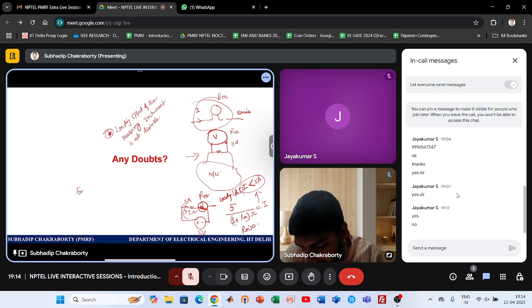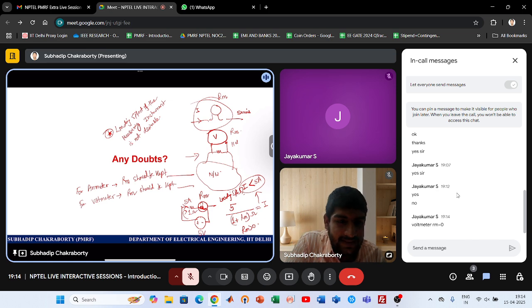For the ammeter, Rm should be kept, as per design, high or low. For the voltmeter, because this is a design constraint, right? Rm is the meter resistance, which is as per design.